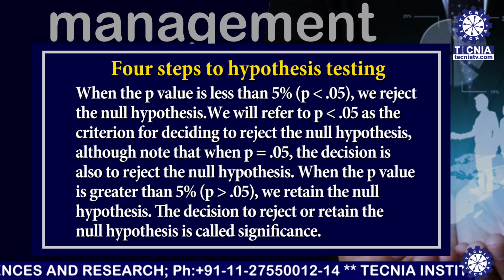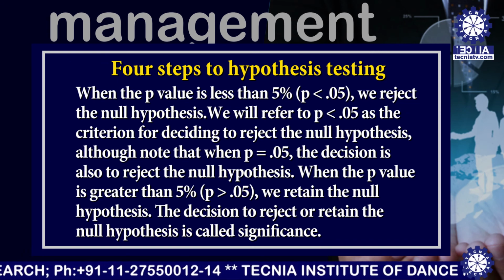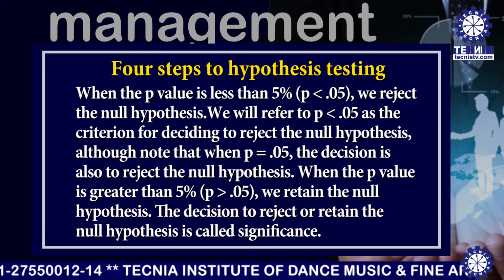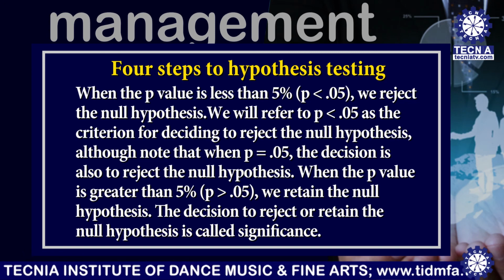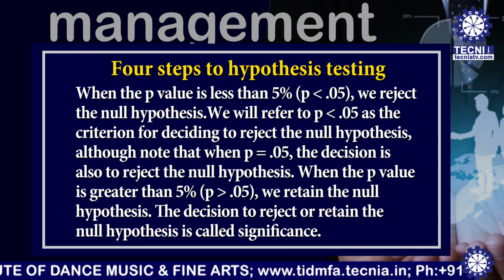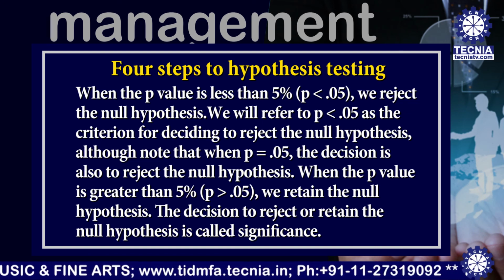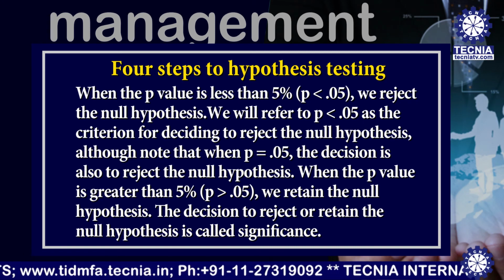When the p-value is less than 5%, we reject the null hypothesis. We will refer to p less than 0.05 as the criteria for deciding to reject the null hypothesis, although note that when p equals 0.05, the decision is also to reject the null hypothesis.